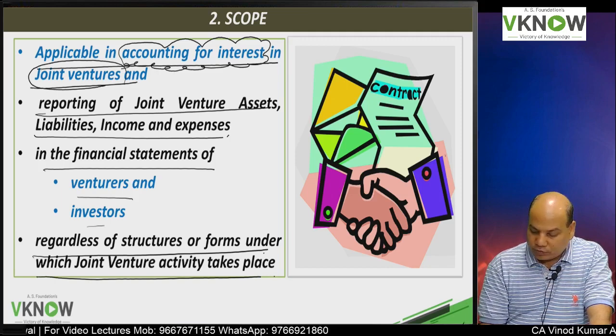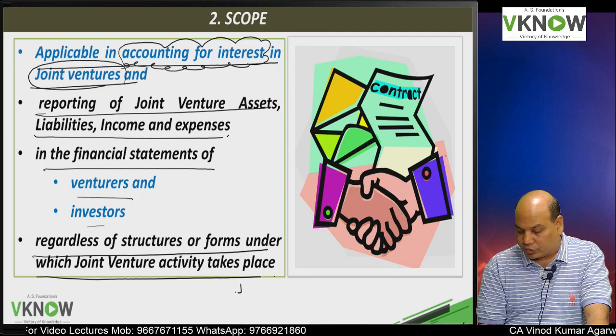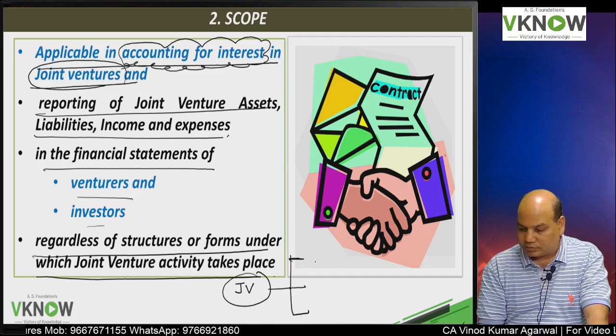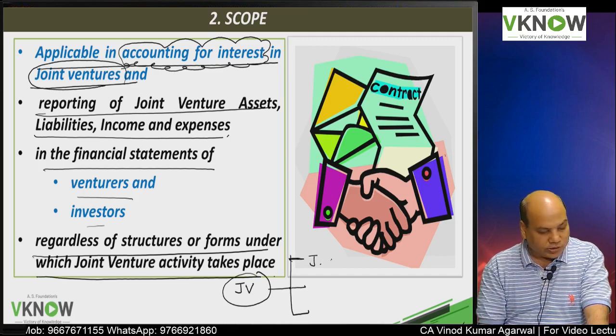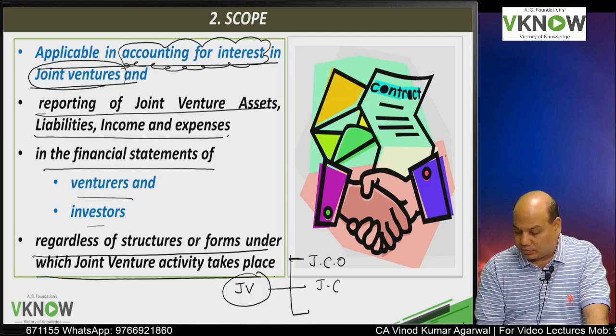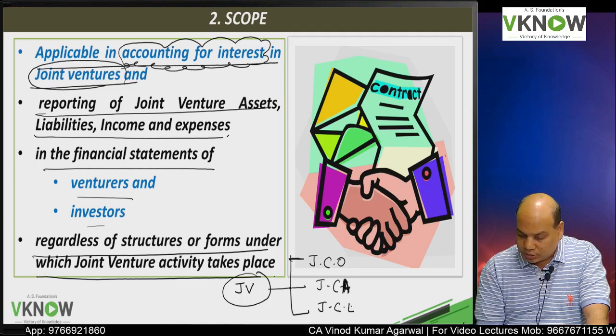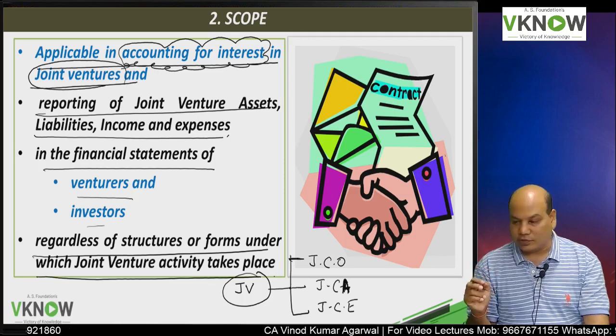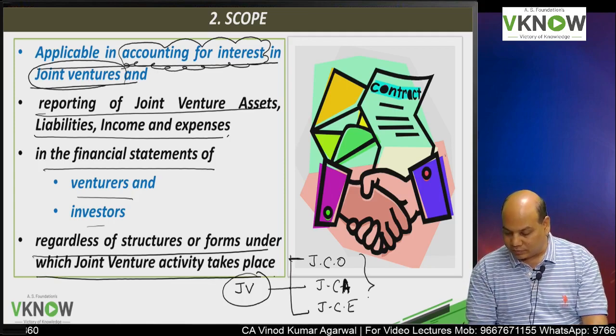So irrespective of the structure or form, joint ventures in this standard are of three types, which I am going to discuss below. You don't have to write now. Jointly controlled operation, jointly controlled asset, and jointly controlled entity.